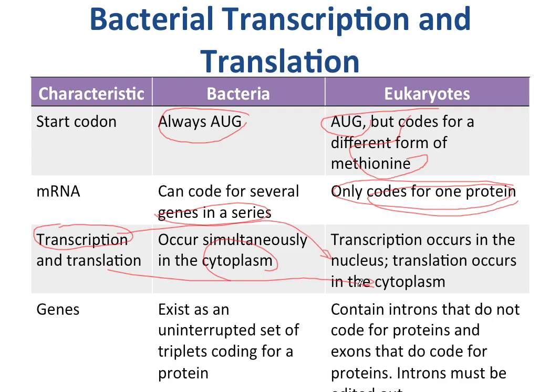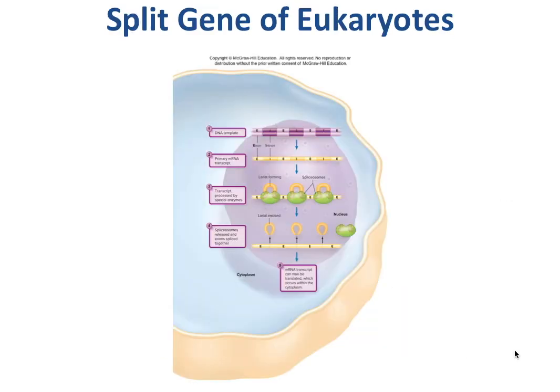So the genes. Bacteria use triplets to code for the protein. However, for the eukaryotes, since there are introns that don't code for the protein, they have to be removed to make the messenger RNA.